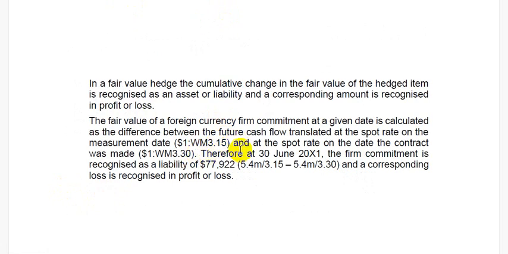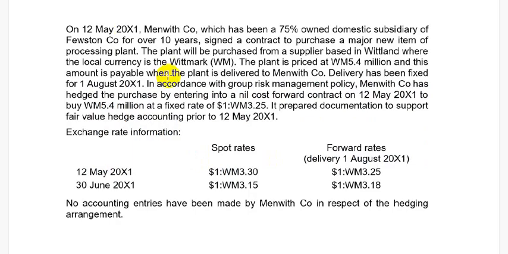And at the spot rate at the date the contract was made, the contract was made in May, and the spot rate is 3.3.